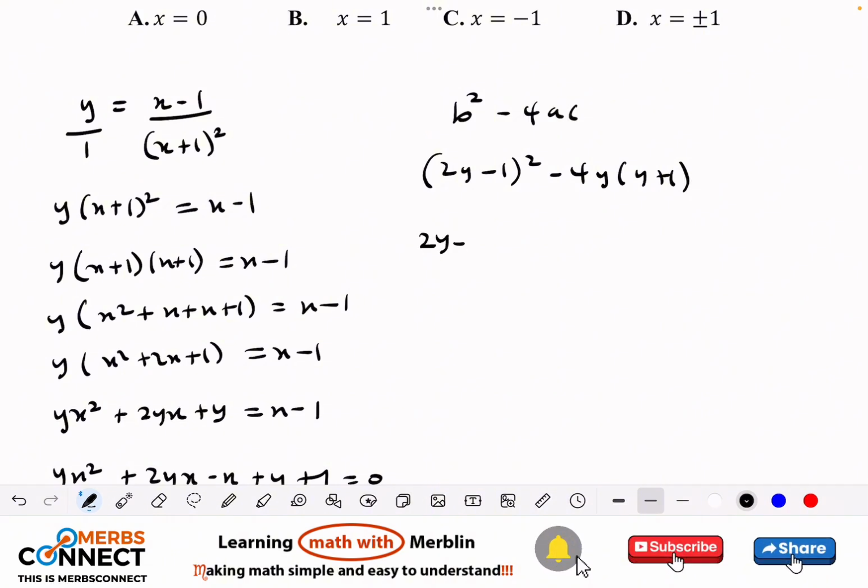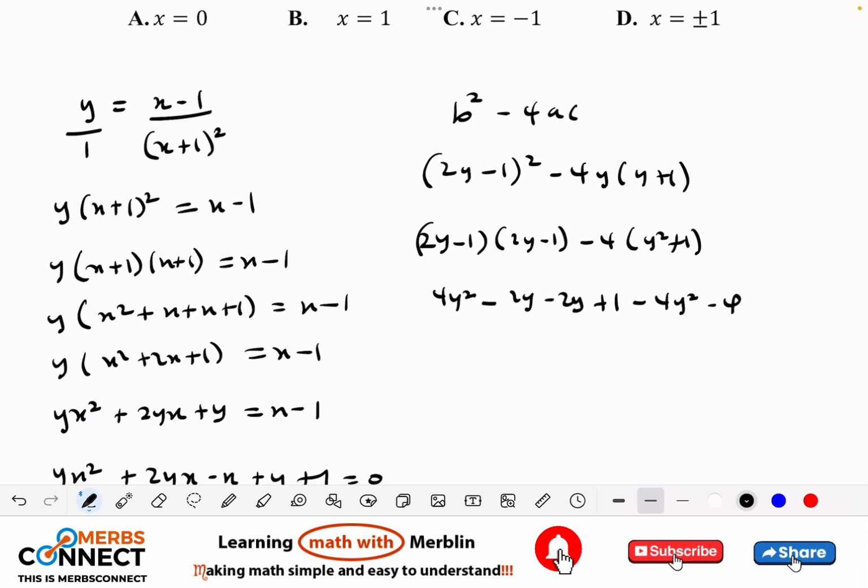So 2y minus 1, 2y minus 1. Then this will be minus 4. When I multiply, I'm going to have y squared plus 1. Now let me see, let's try and simplify this. So this will be 4y squared minus 2y plus 1. And when I multiply this one, I'll have minus 4y squared minus 4.